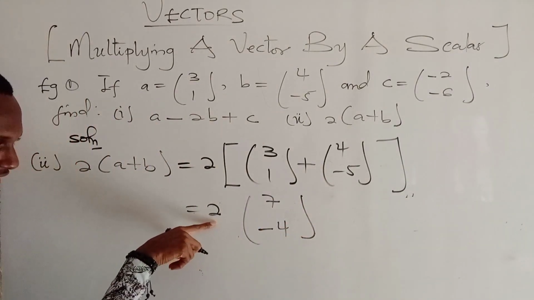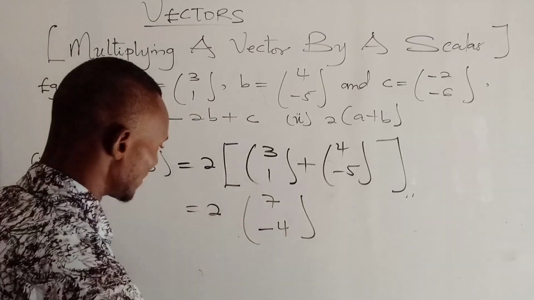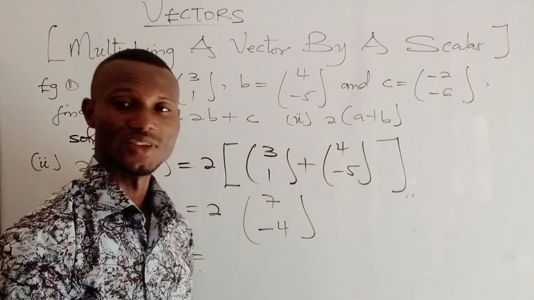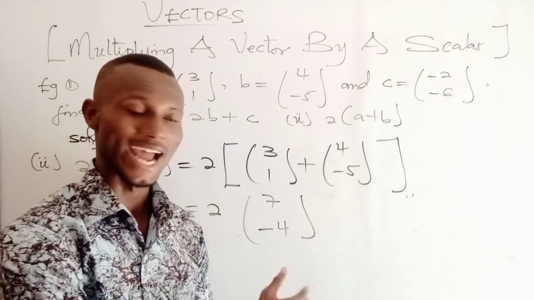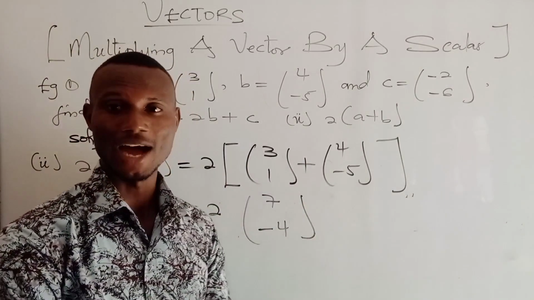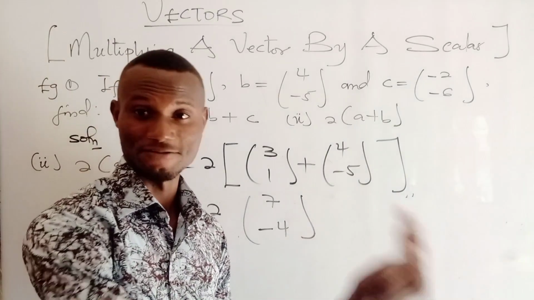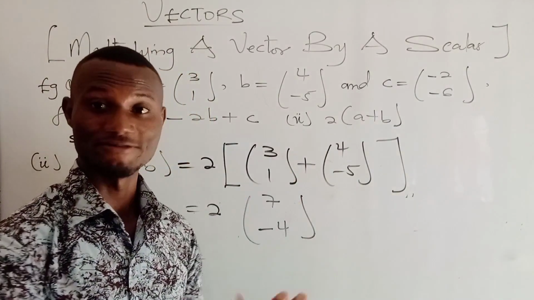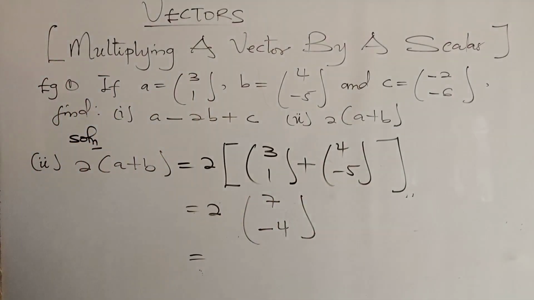And the 2, which is the scalar, is going to multiply this one. So let's proceed further. When 2 multiplies this one, I've explained to you that the 2 will multiply the top value and also multiply the down value. That is how we conduct a multiplication of a scalar by a vector. It multiplies the components of the vector. So the 2 multiplies the 7 and also multiplies the minus 4.